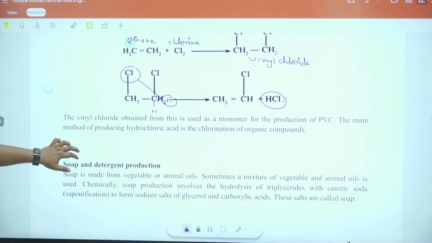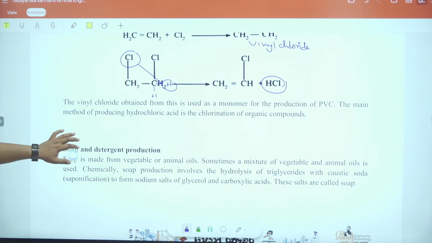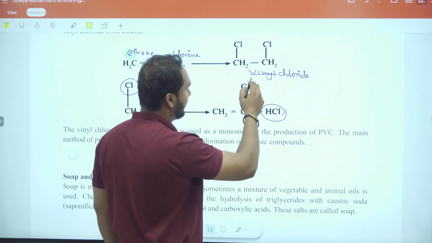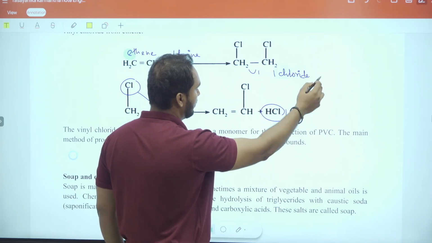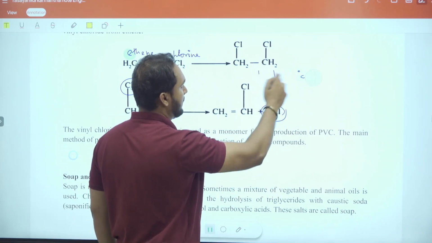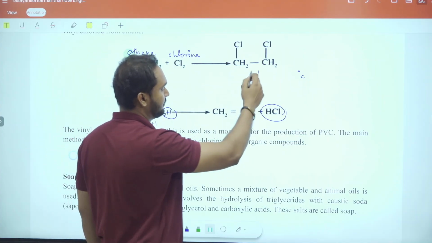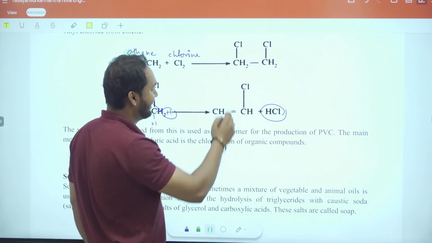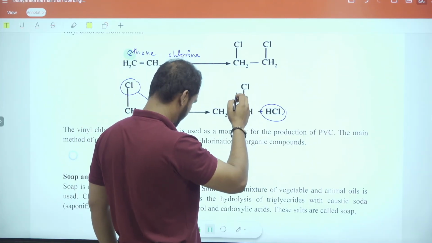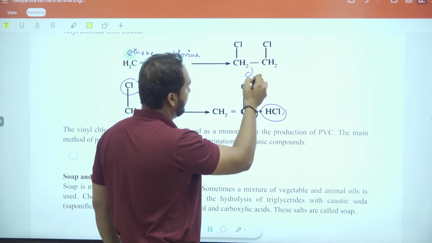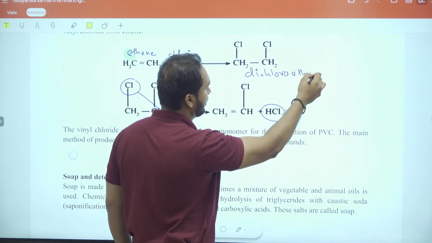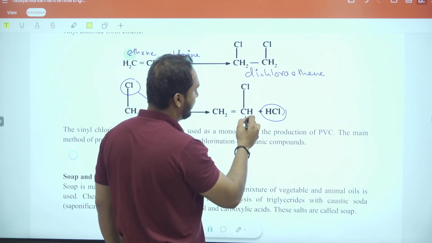The vinyl chloride obtained from this is used as a monomer for the production of PVC. Now, this is not the vinyl chloride; this one is the vinyl chloride. This is dichloroethene, and this is vinyl chloride.